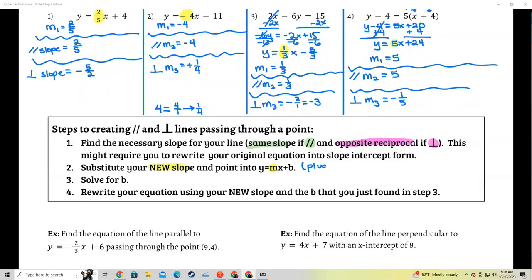Plug in your point. Actually, we should be doing that here. Let me change this, sorry. We're going to plug in my point and solve for b. Last step is you're going to rewrite your equation with your new slope and your new b.